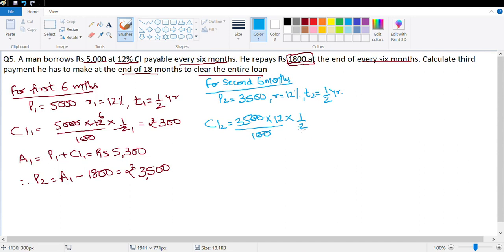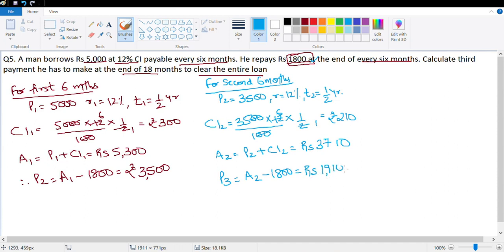That's double zero gets cancelled, 2 1 2 6, that's 180 and 30, that's rupees 210, which means amount 2, which is equal to principal 2 plus compound interest 2, which is 3500 plus 210, that's rupees 3710. At this point of time, again he repays 1800 rupees, which means principal 3 is equal to amount 2 minus 1800, which is 3710 minus 1800, which is rupees 1910. 37 minus 18, yeah, that's correct, 1910.